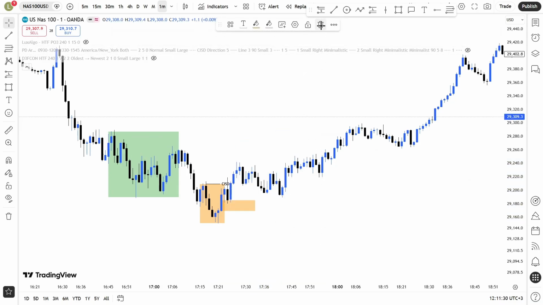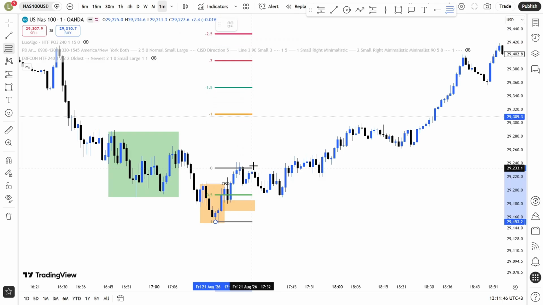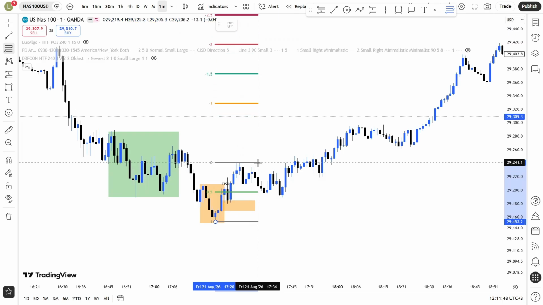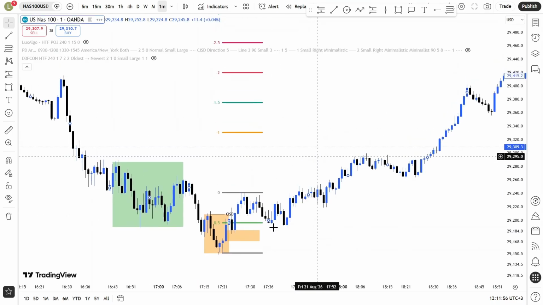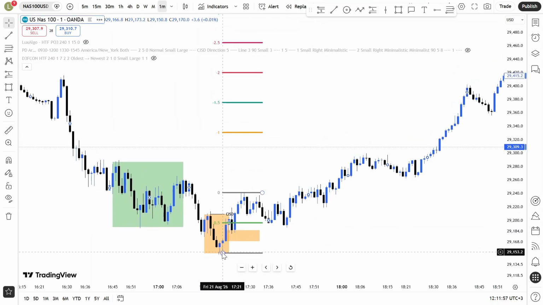So now look, what we are going to do is mark the range of our retest. This is our low to our high. From this point, which is the low, to our current high, which is here.